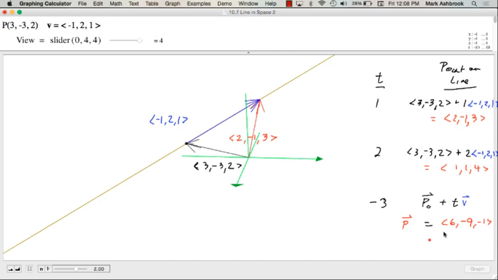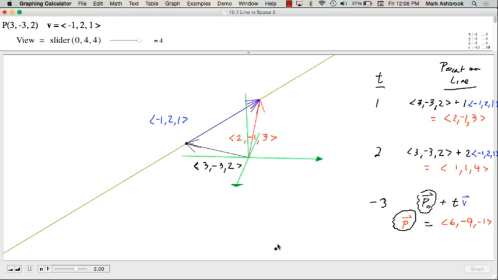So basically, what is the vector function of a line? Every point is equal to the vector for our known point plus every scalar multiple of the direction vector. That gives us every point on the line.